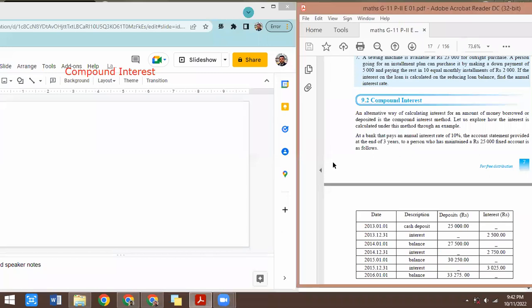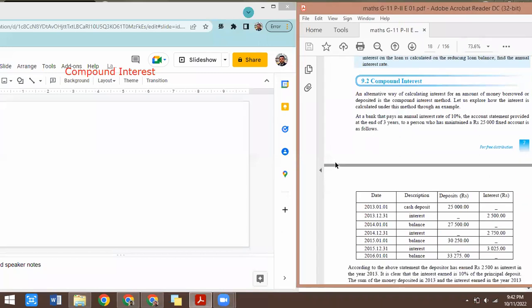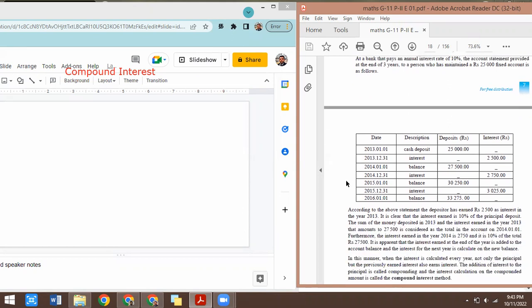So a person who maintains a 25,000 fixed account is getting interest at a rate of 10%, and that is for 3 years. He is receiving the interest at the end of 3 years. So let's see how it is calculated.